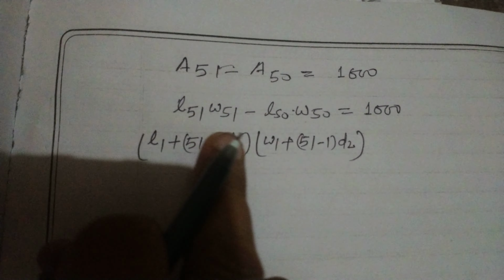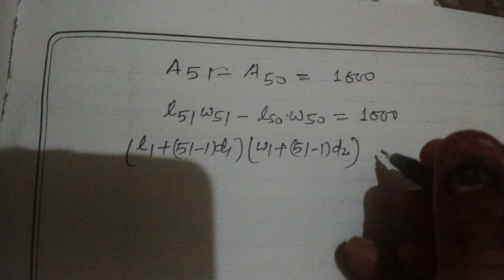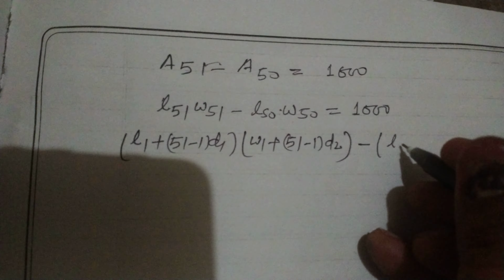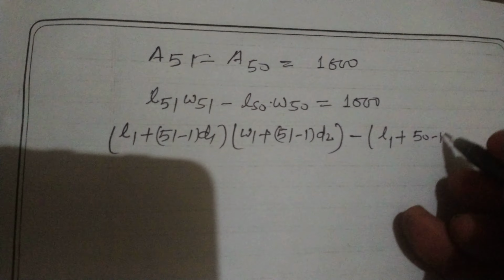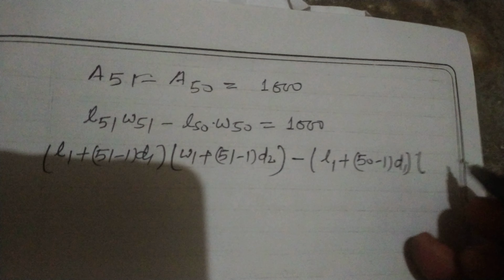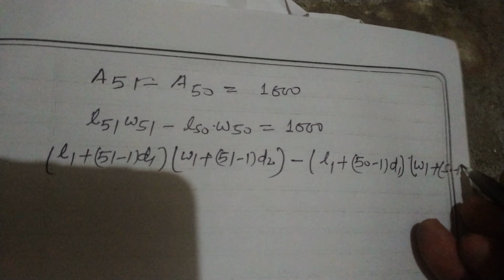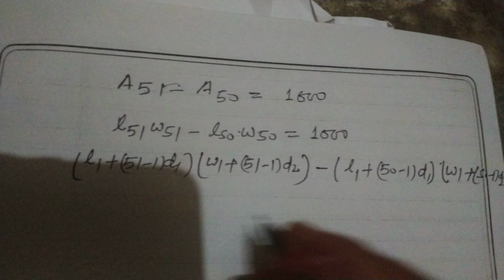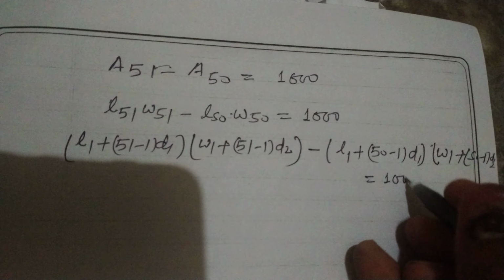This is the 51st term of the second arithmetic progression. Minus L1 plus 50 minus 1 into D1, into W1 plus 50 minus 1 into D2. This is equal to 1000.